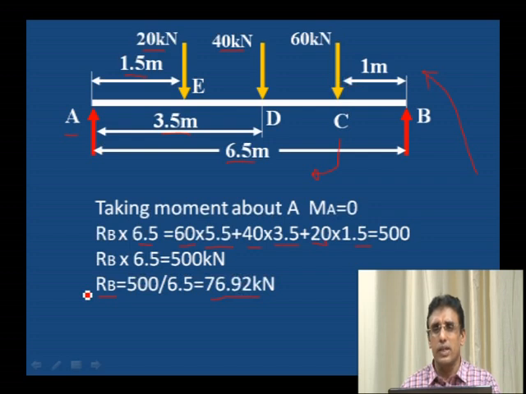We have to use the equilibrium condition. Sigma V is equal to 0. Vertical forces, what are the vertical forces acting? 40 kilonewton, 60 kilonewton, 20 kilonewton. 60 plus 40 plus 20, 120, downward forces. Upward force, we have already RB is equal to 76.92.